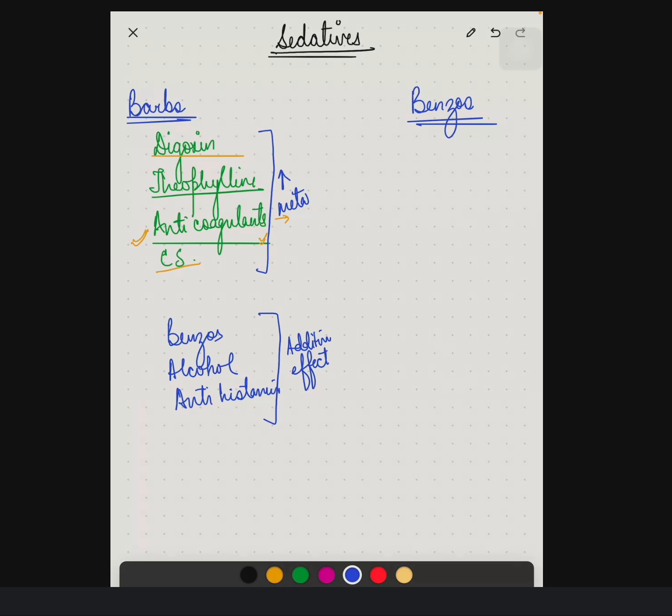On the other hand, benzos interact with drugs like digoxin again. Digoxin and warfarin have interactions with so many drugs, so we will see that separately also.